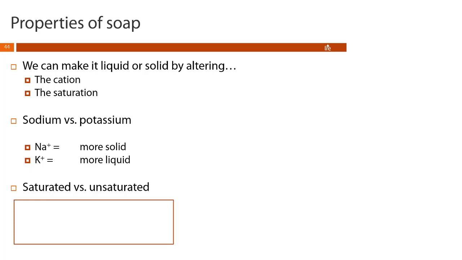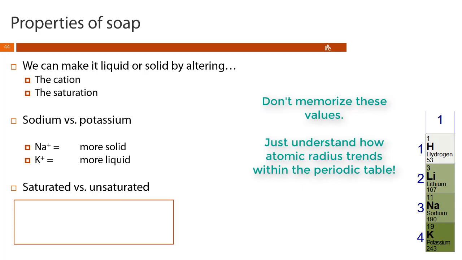So I want you to look at your periodic table and tell me which atom is going to be larger, sodium or potassium. Okay, so looking at our dynamic periodic table at ptable.com, we see that sodium has an atomic radius of 190 picometers, and potassium has an atomic radius of 243 picometers.